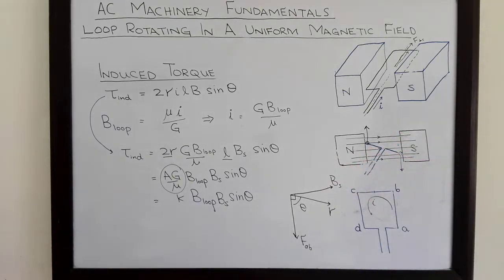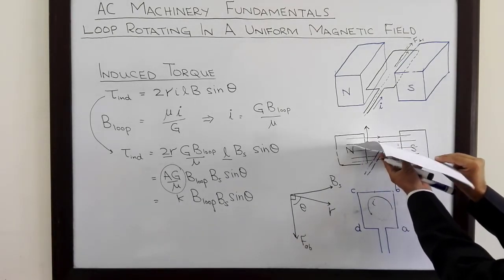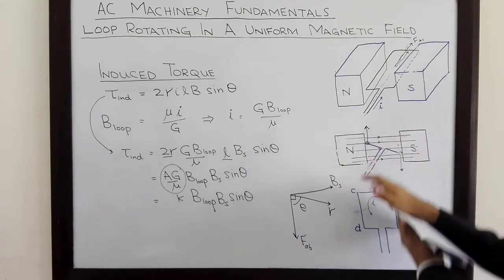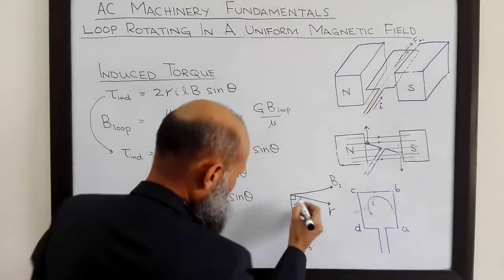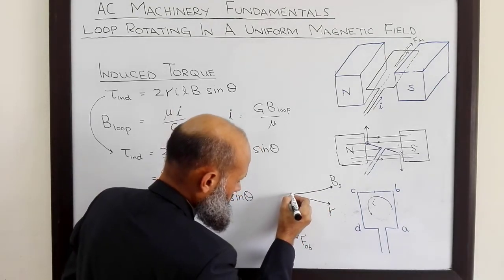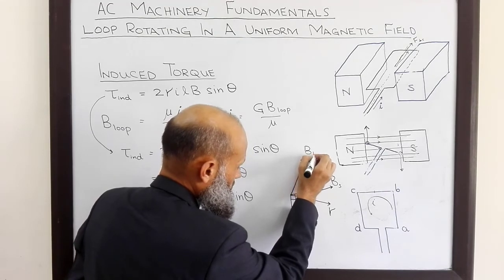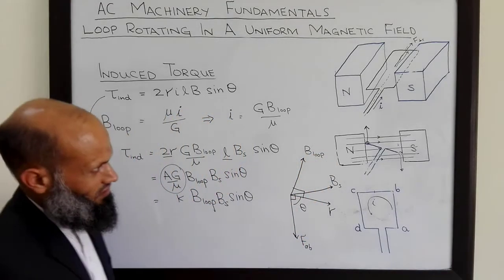Here coil is placed like this one. This is coil, and perpendicular to it is the direction of B loop. That is perpendicular to this one, the loop. This angle is 90 degrees.